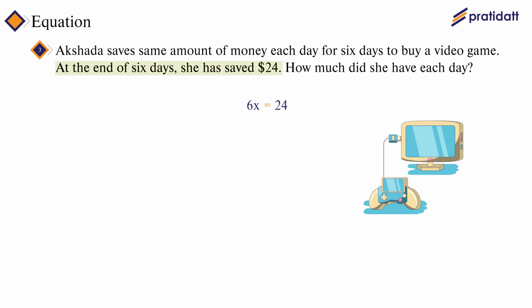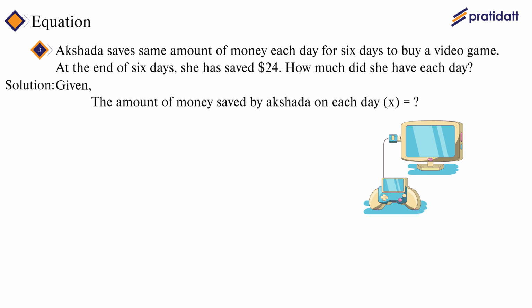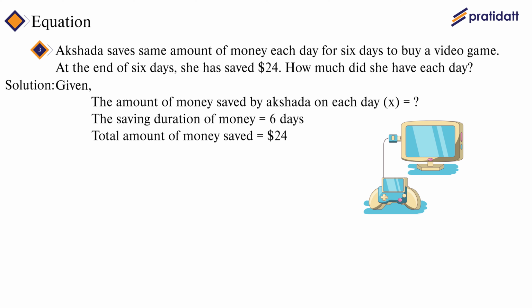Now let's write the solution. Given the amount of money saved by Akshata each day, x is unknown. The saving duration is 6 days and the total amount of money saved is $24. Hence, the equation is 6x equals 24.